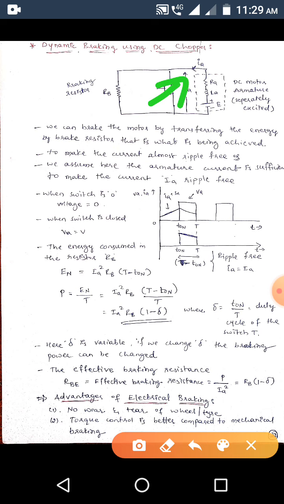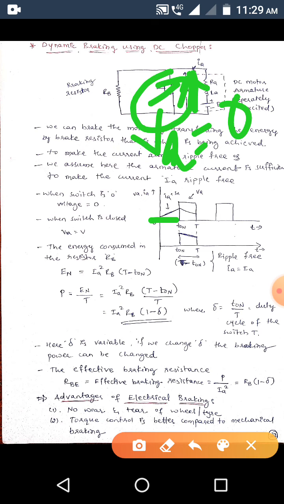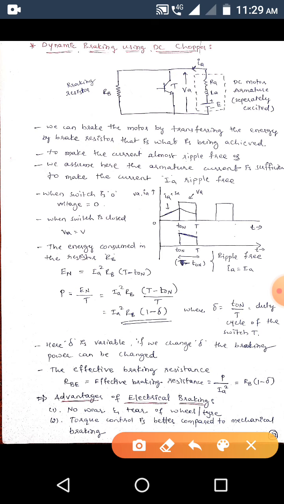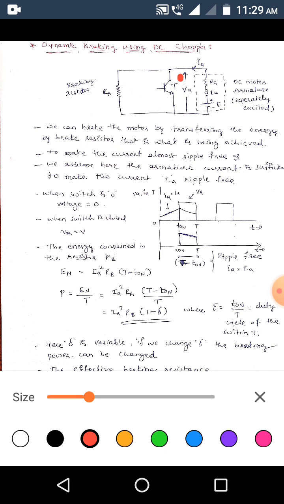If this is open, then across the armature winding Va is equal to 0, because there will be no supply voltage in the winding, so our graph will be 0 here. When we achieve Va equal to V, if we turn on or close the switch T, then there will be current flowing in the thyristor.